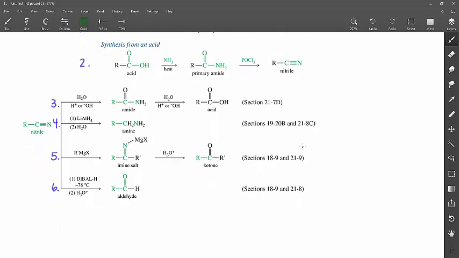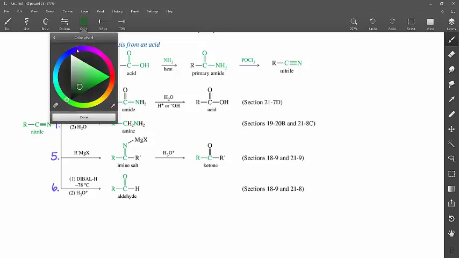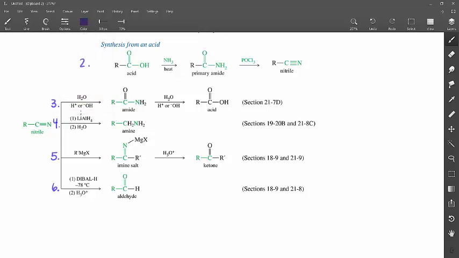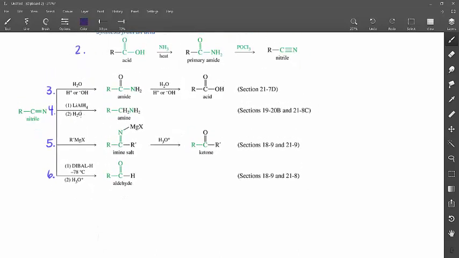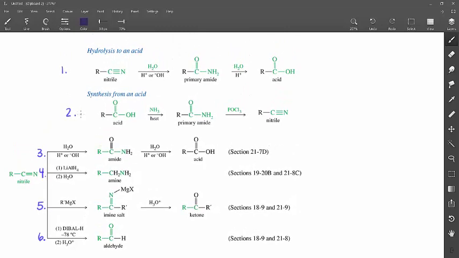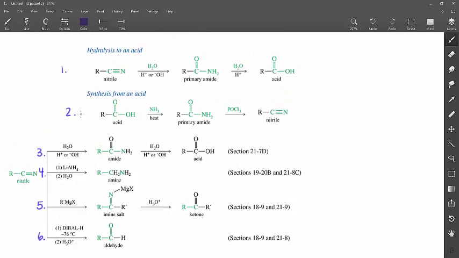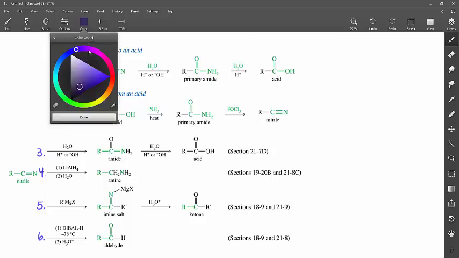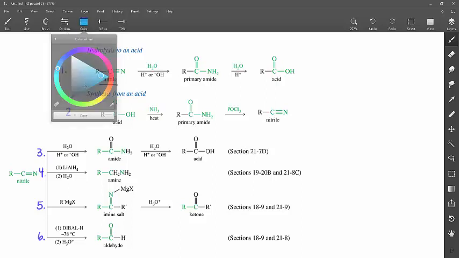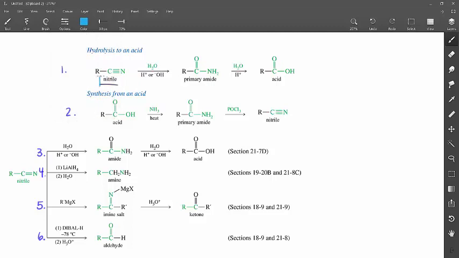So the first thing that we're going to do is we're going to start with reaction 1. Reaction 1 takes a nitrile functional group and it converts it to a carboxylic acid.